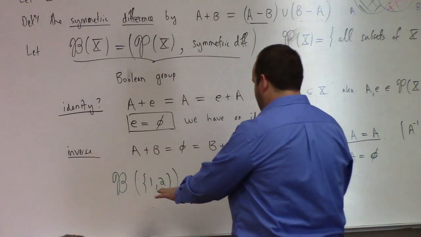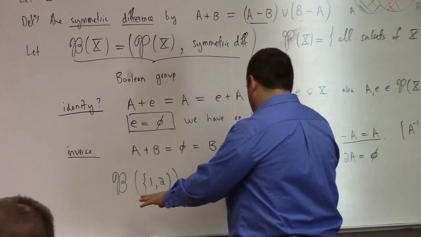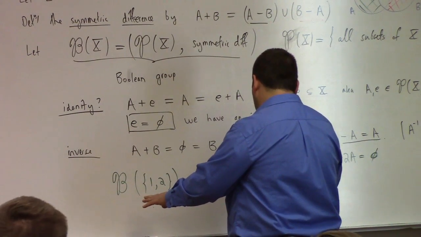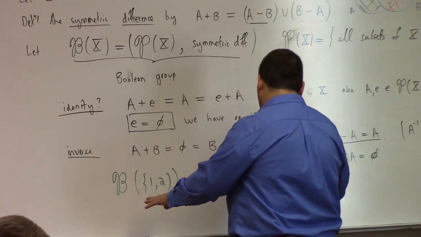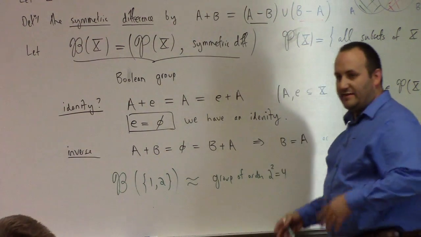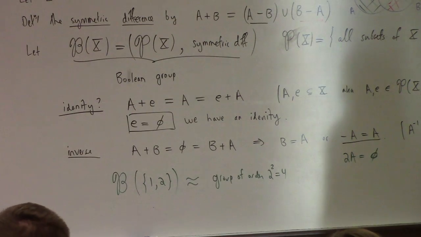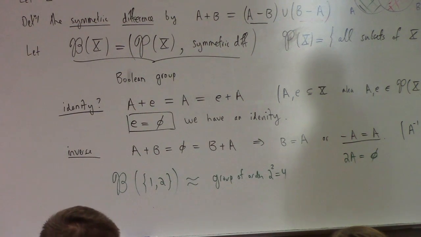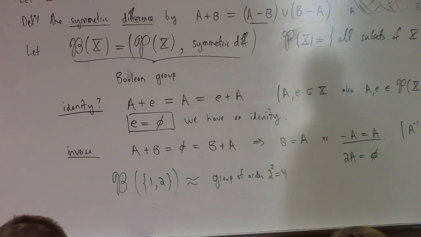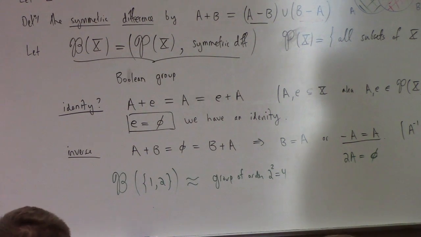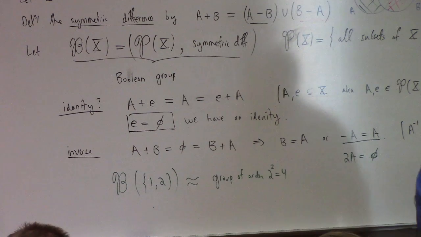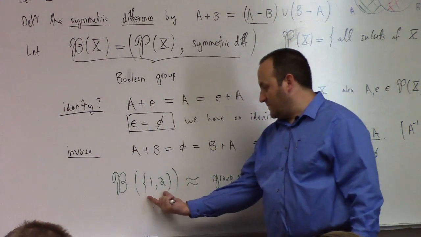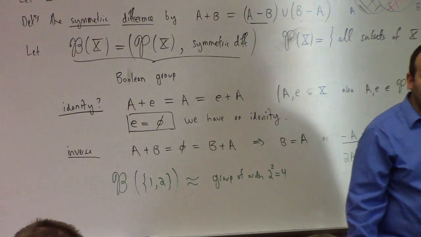So this is a group of order what? 2 to the 2, which is equal to 4. It's a group of order 4 in which every element except for the identity has order 2. We already know this. This is the Klein 4 group. It's C2 cross C2, just recast in the somewhat weird language of looking at the symmetric difference on subsets of 1, 2.